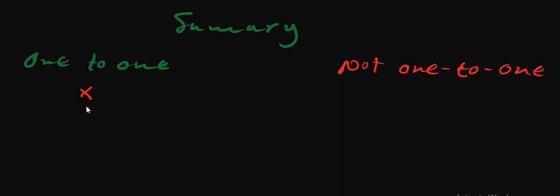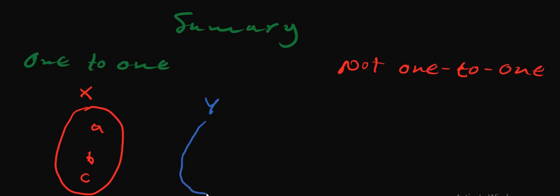This x is the domain, and the domain has members, let's say A, B, C. These are the members of set A. Then you have set Y, which is your range, with members, let's say X, Y, Z. For a function to be one-to-one, each domain element should have only one range element.